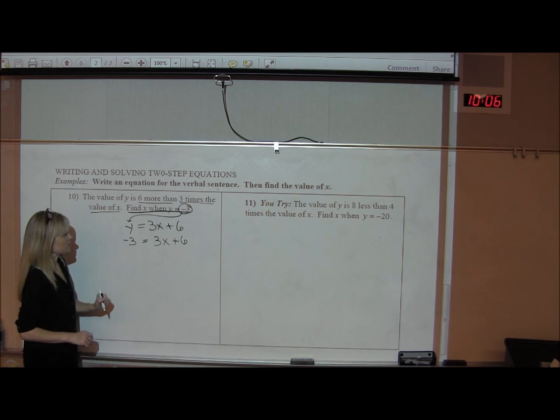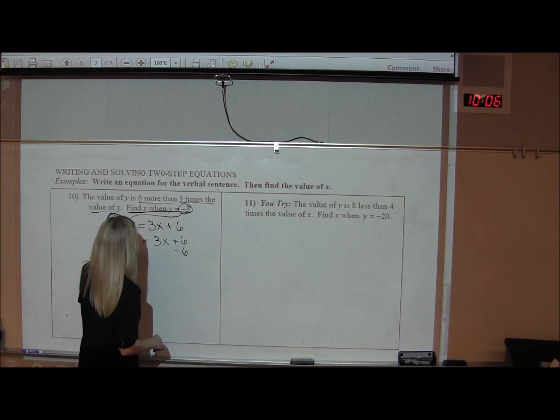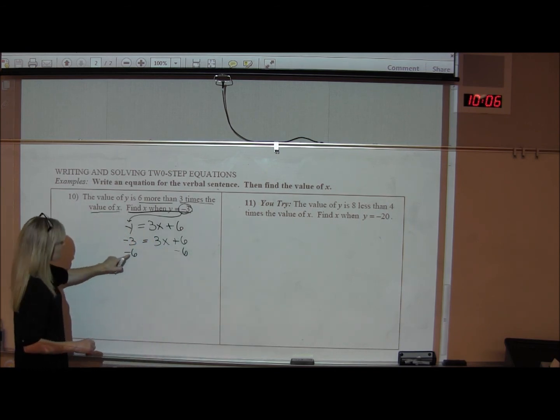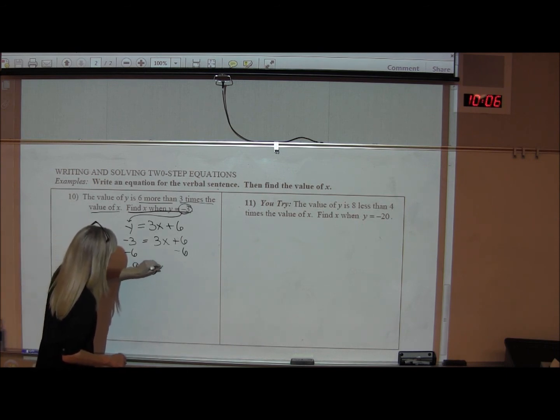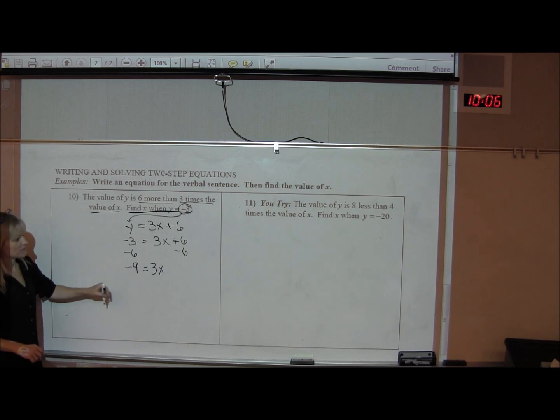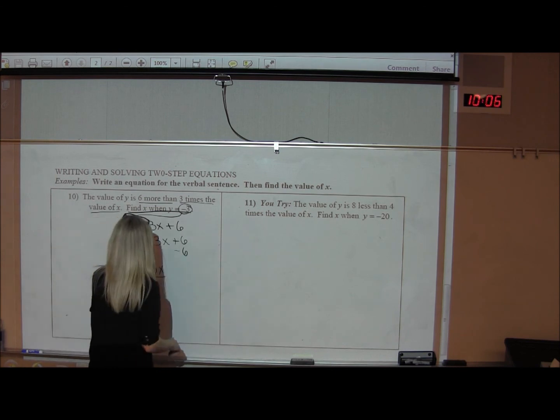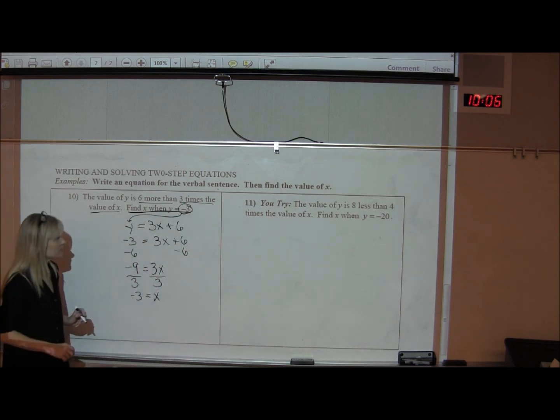So I want to subtract 6 from both sides. Okay? Negative 3 plus negative 6 is negative 9 equals 3x. Then what's my next step? Divide by 3 because I want just one x. So x equals negative 3.